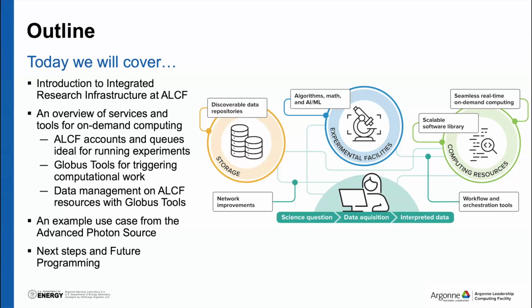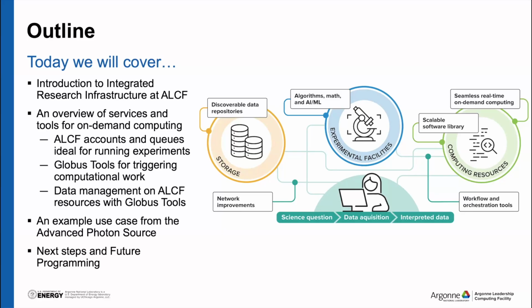I'll then give an overview of services and tools specifically for on-demand computing, so computing that has immediate need. So we'll talk about ALCF service accounts and queues. We'll talk about Globus tools for triggering computational work remotely from your experimental facility. And we'll talk about data management tools and strategies that we offer.